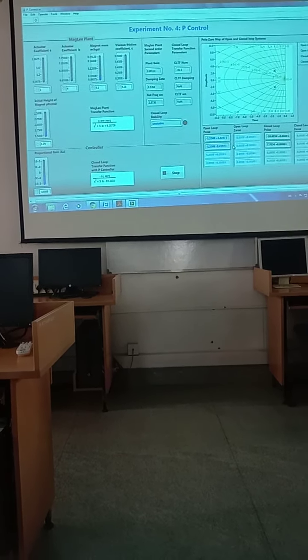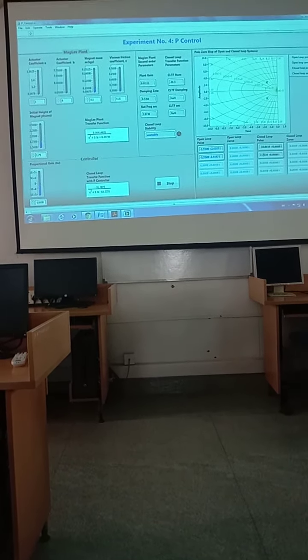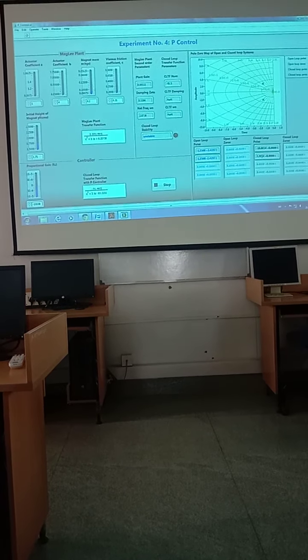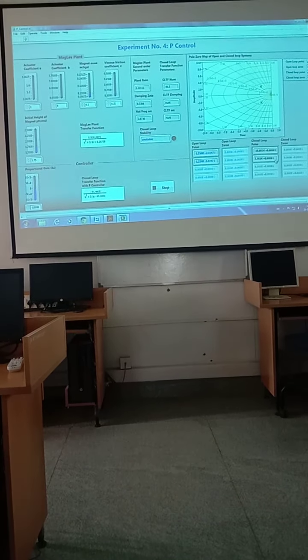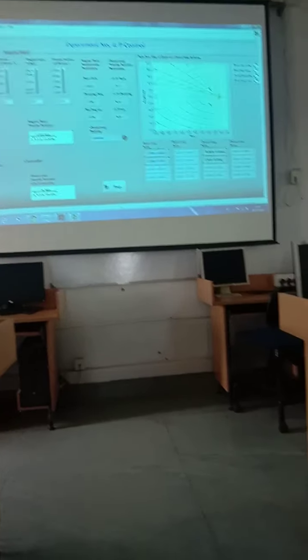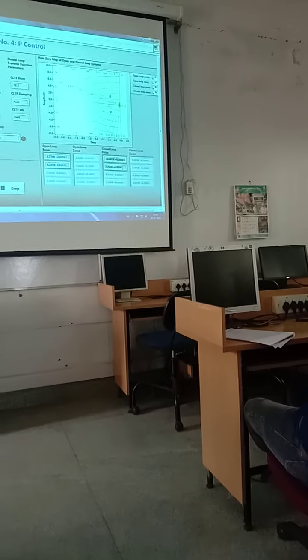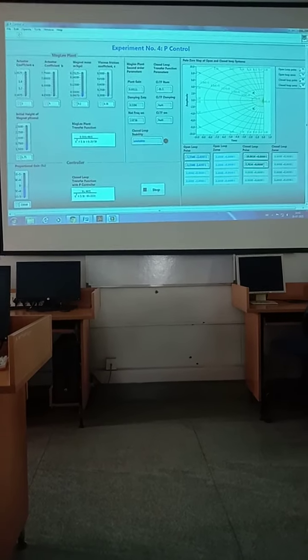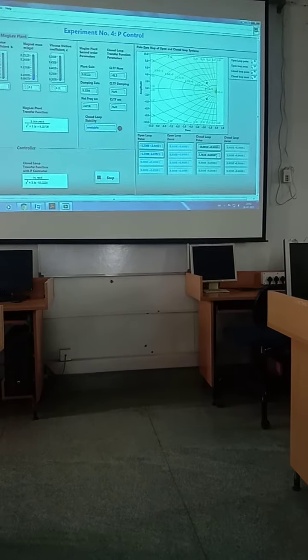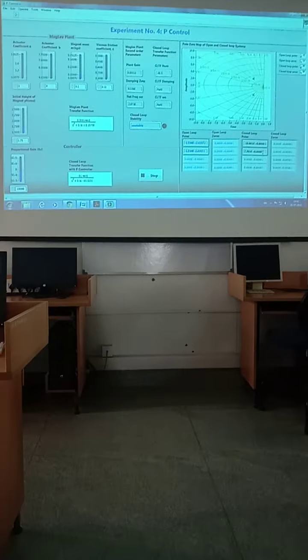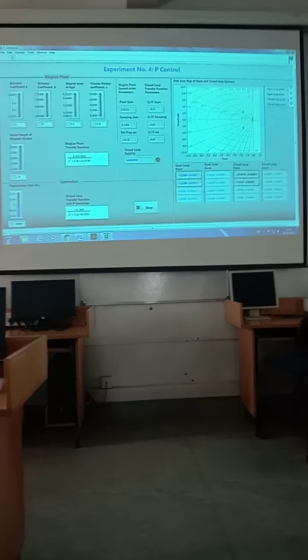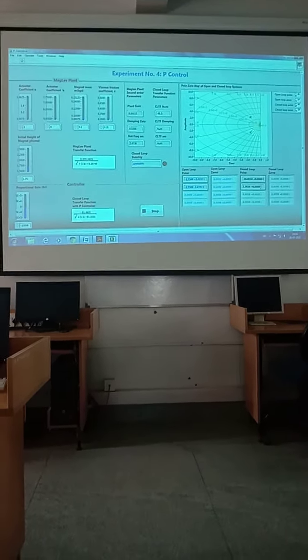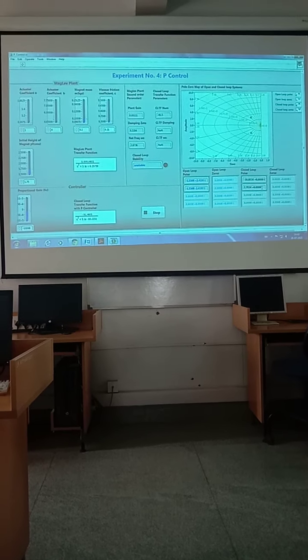See that, plus 7.7034 plus 0.0008. That means it is coming to the right side. Therefore, the system will be unstable. Okay, this is what is happening for the larger negative values of the proportional controller.